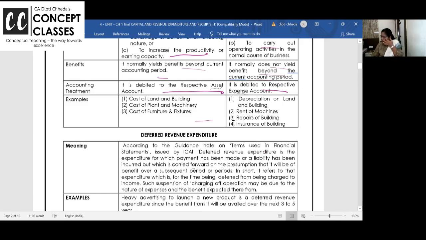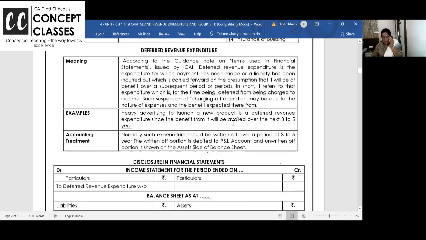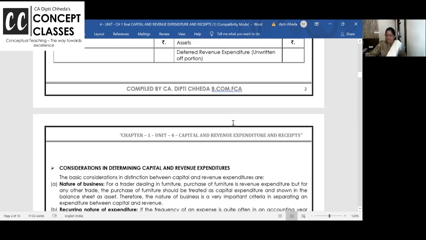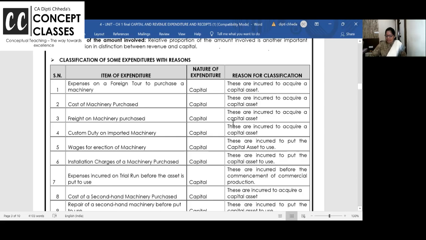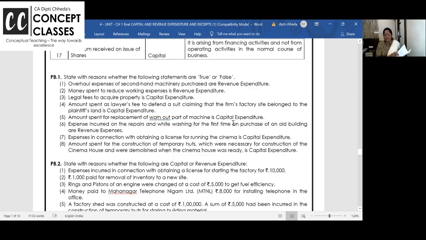Right. Deferred revenue expenditure we will do later. It is in between now. Let us solve one question directly, and then again I'll come back and do some theory. Let us solve one question. Any one of it. Shall we take the first one only?